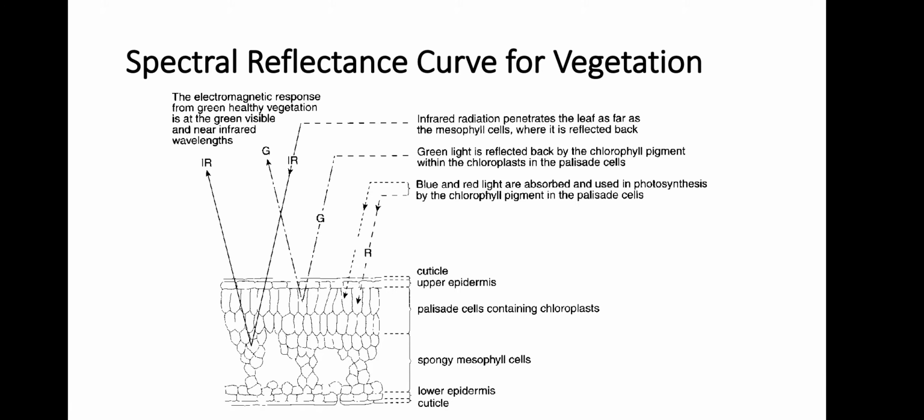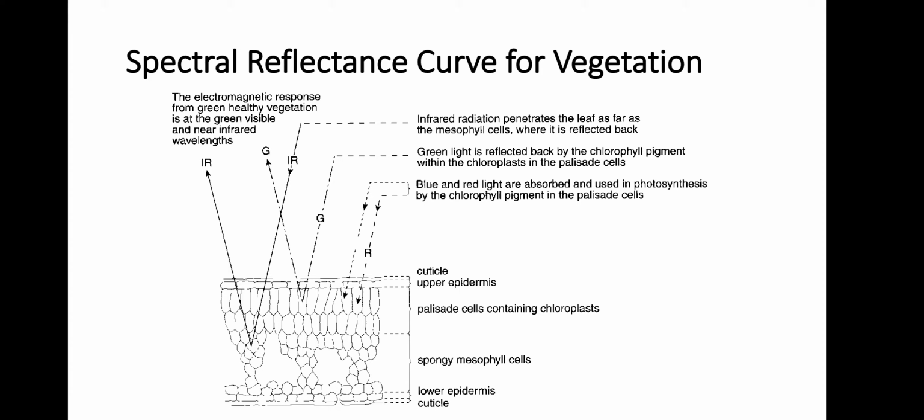If you look at the cell structure of a green leaf and its interaction with the electromagnetic radiation, the image is just a representation. Actually there will be a lot more interaction, and a lot more biology will be included, but this is the basic thing which is required to be known.